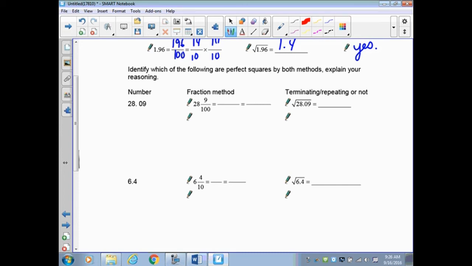Okay, let's convert everything into an improper fraction. 28 and 9 over 100 gives you 2809 over 100. This is 53 by 53 and 10 by 10. So using the fraction method, both the numerator and the denominator are perfect squares.